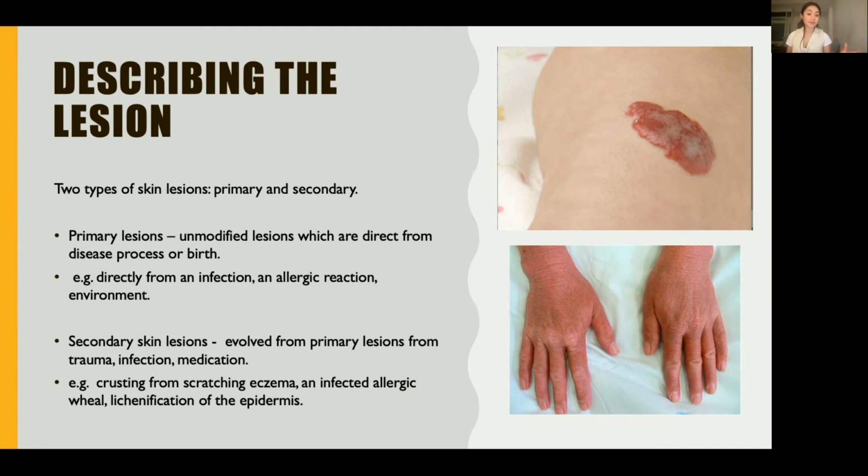An example of this would be crusting from constantly scratching your eczema, an infective allergic wheal, and then lichenification of the epidermis. So the example I've included at the bottom there is atopic dermatitis, which has then been covered with lichenification. So that would be your secondary skin lesion on top of that. Next slide.